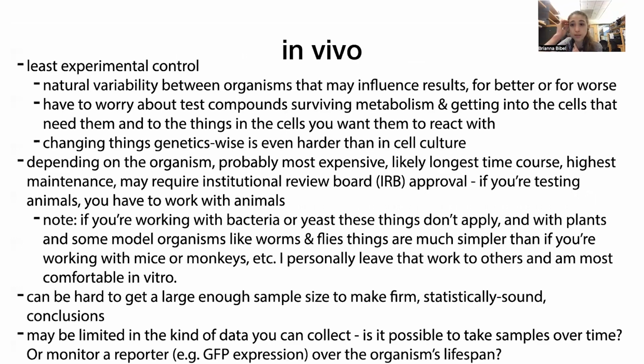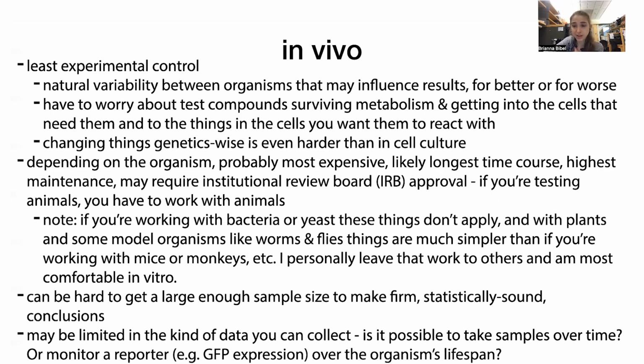And different organisms are better for recapitulating various aspects of biology. So one animal might be better for studying one type of organ in a human, or another animal another, and that sort of thing. Also, in vivo, if you're studying a plant or something, then that's less of an issue.